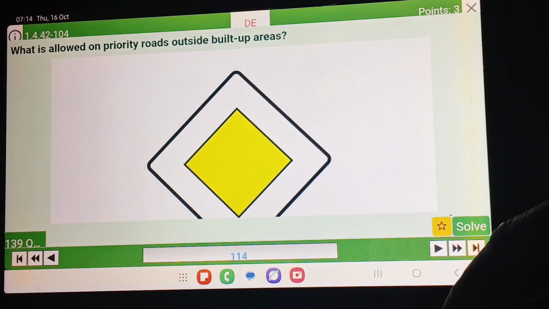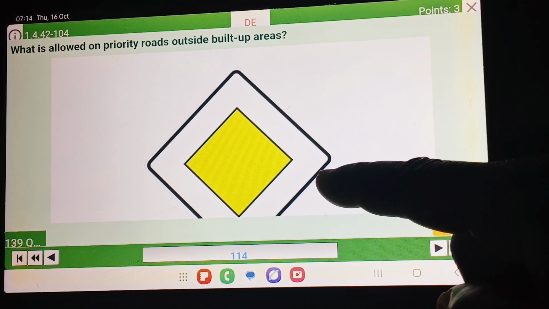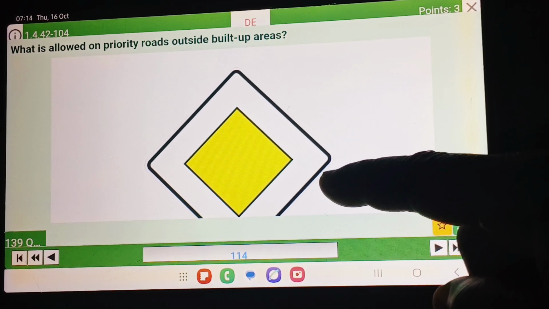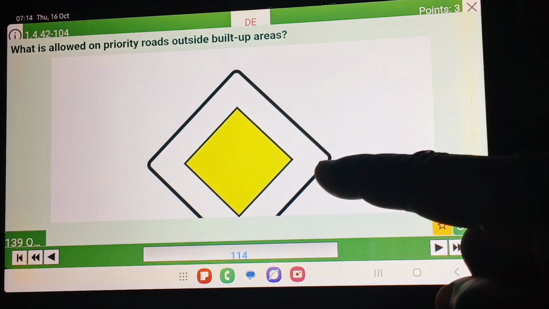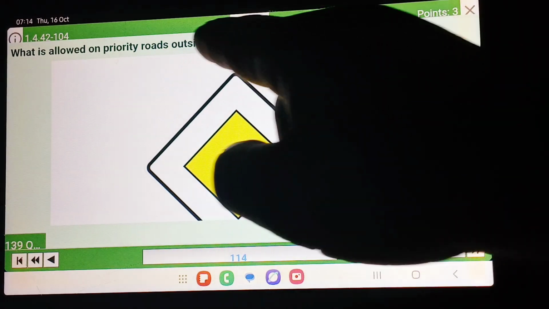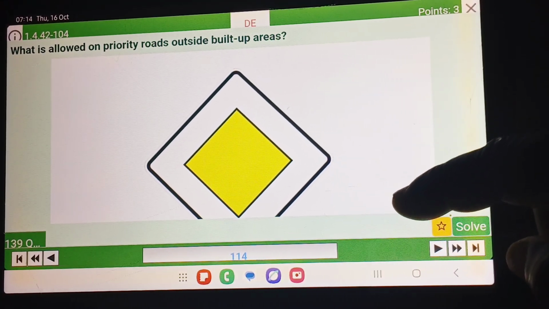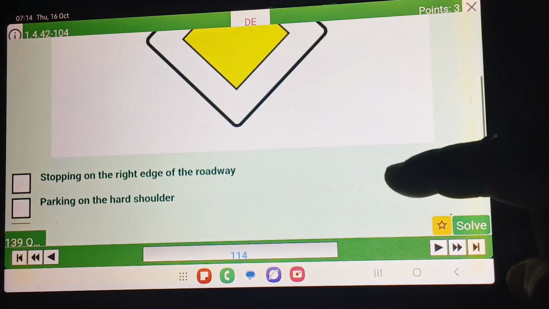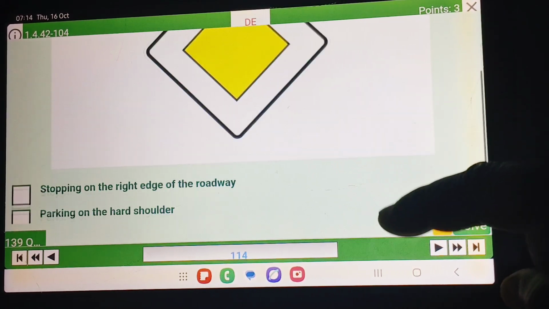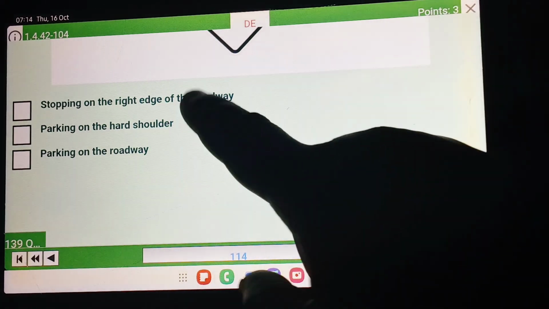What is allowed on a priority road outside a built-up area? This is a priority sign. Whenever you see this sign on a road, it means you have right of way on that road. Outside the built-up area means on the Autobahn, the expressway or the highway. What is allowed on this priority road? Stopping.